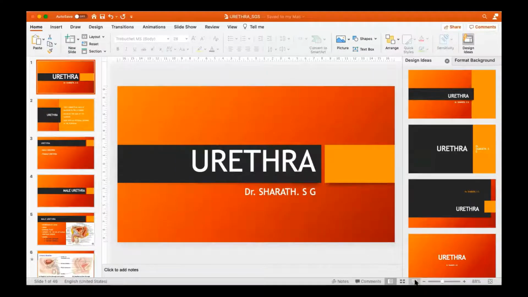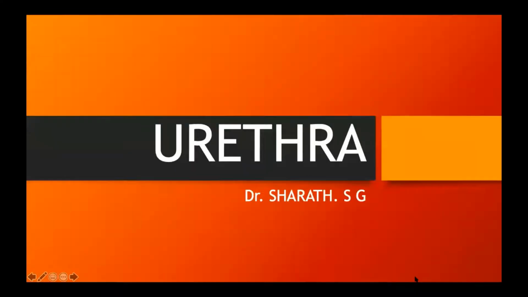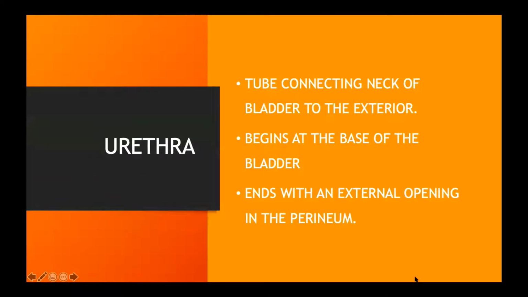Okay. So next we'll start with the urethra. The urethra is basically a tube which connects the neck of the bladder to the exterior. It begins at the base of the bladder and ends with an external opening in the perineum.